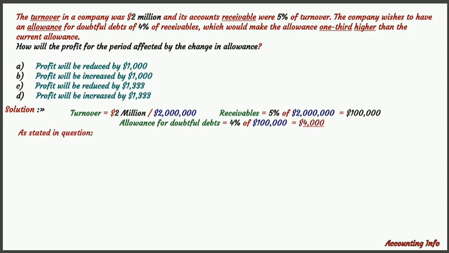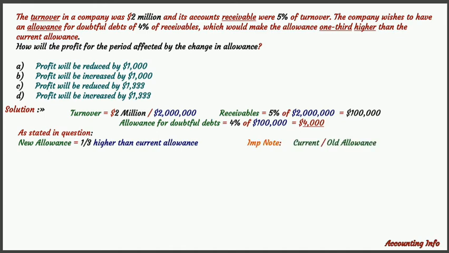As stated in the question, the new allowance is 1/3 higher than the current or old allowance. One thing to note is that the current or old allowance is always 100%. So, if the new allowance is 1/3 higher than the old allowance, then in this scenario the new allowance is 100% plus 33.33%.